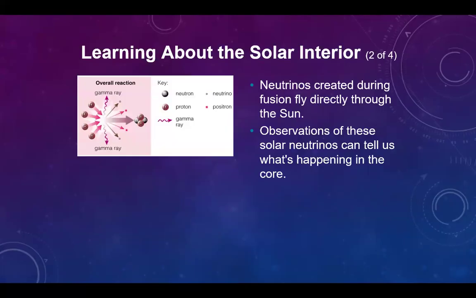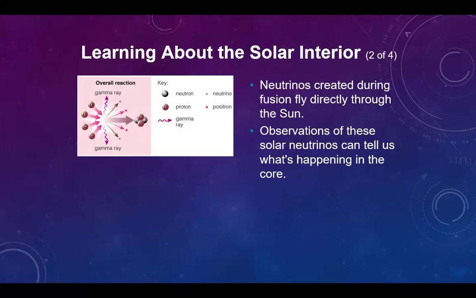Another thing is that whenever you turn 4 protons into a helium nucleus, you get a couple of neutrinos. And that happens all the time in the core. So we're converting millions of tons of hydrogen into helium.